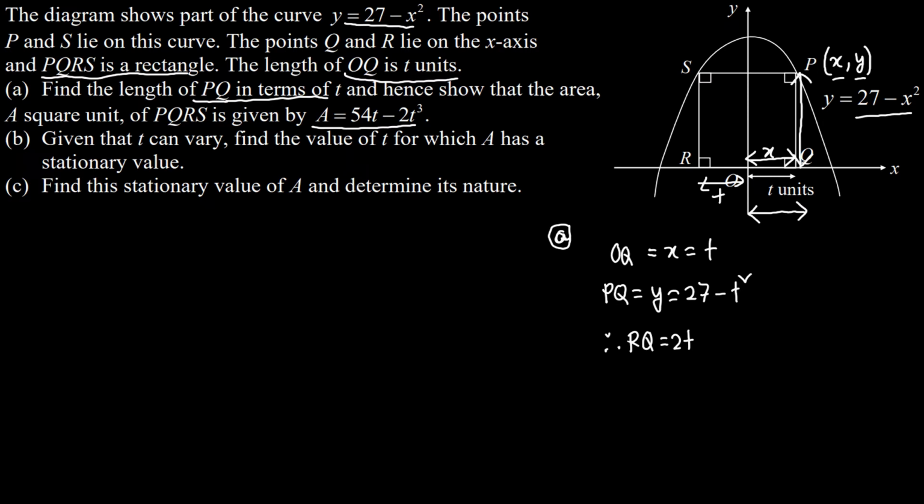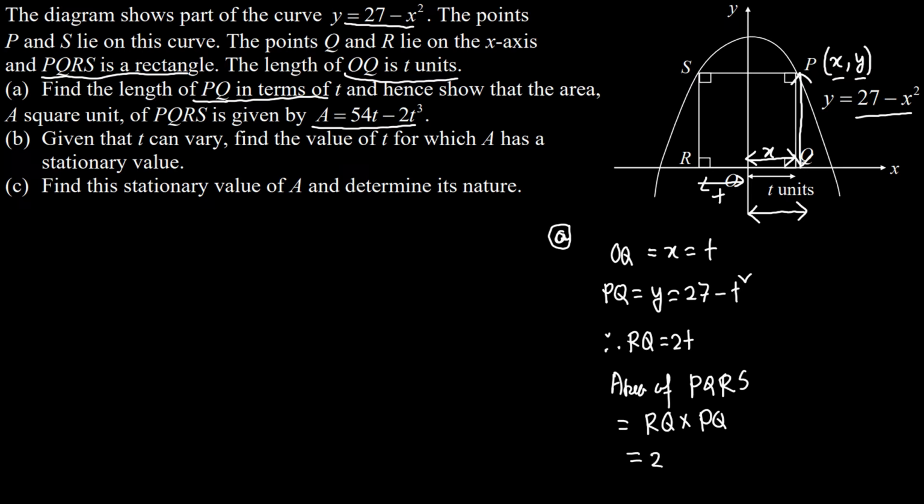So now it's easy to find the area. The area of PQRS is the length of RQ times the length of PQ. One is the length, another one is the breadth.